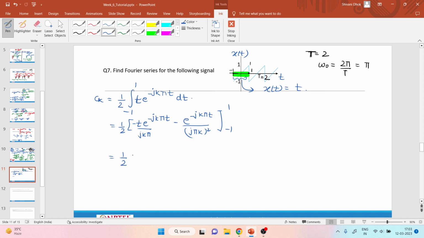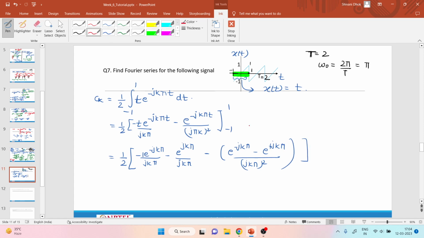So this comes out to be 1 by 2. I can substitute the limits here, so it is -1 into e power minus j k pi upon j k pi plus e power j k pi, this is minus, this is plus times -1, minus e power j k pi minus e power minus j k pi upon j k pi whole square.